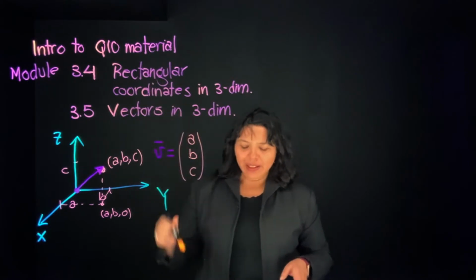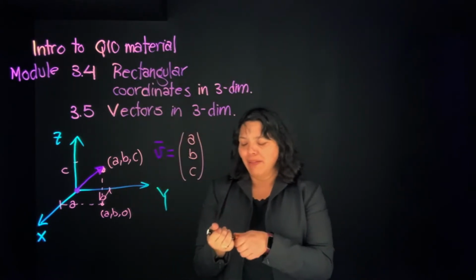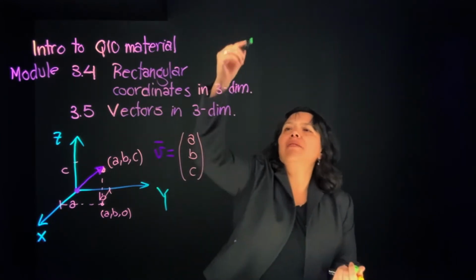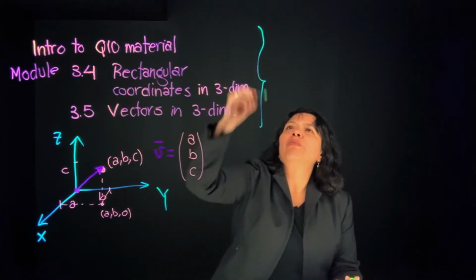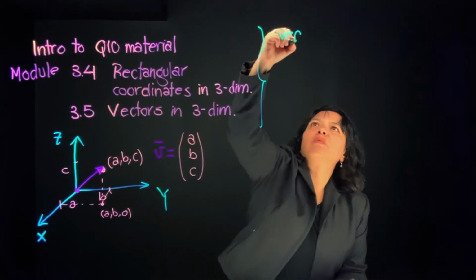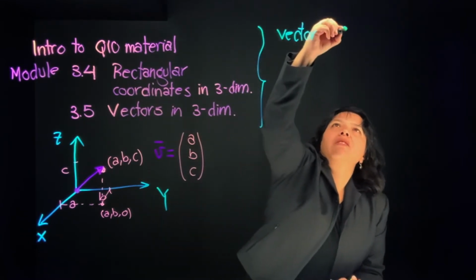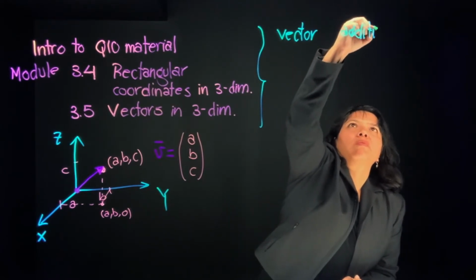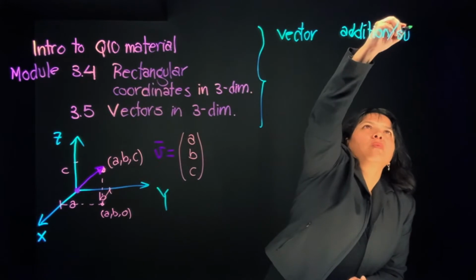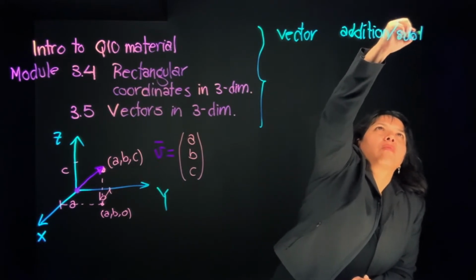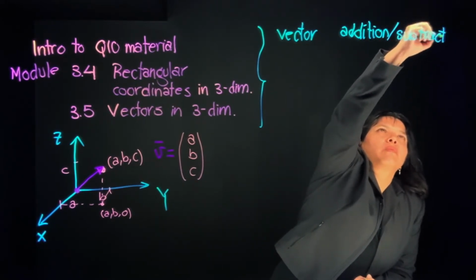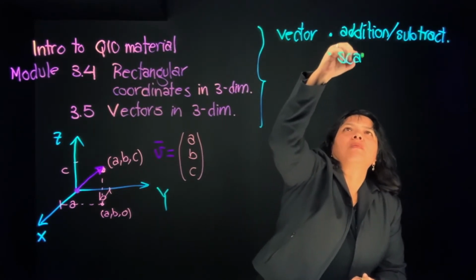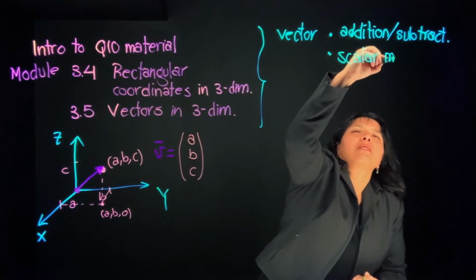And about vectors in 3 dimensions, you have a very similar idea as before. As before, you have your vector addition and subtraction, and you have your scalar multiplication.